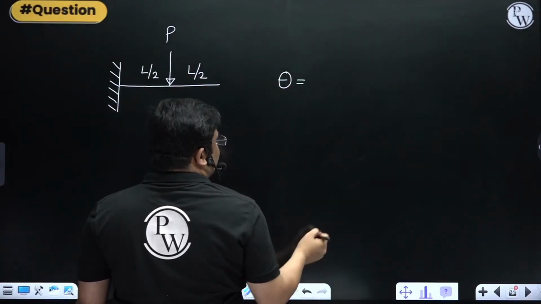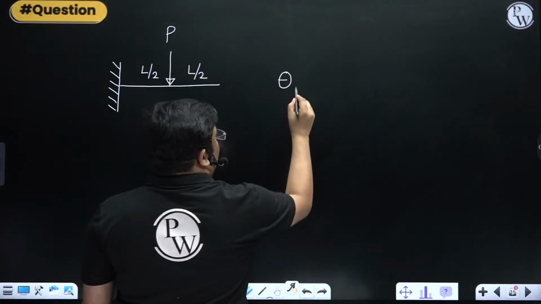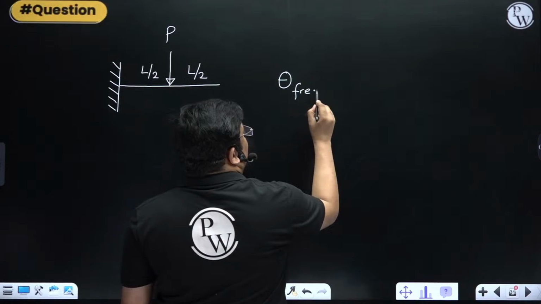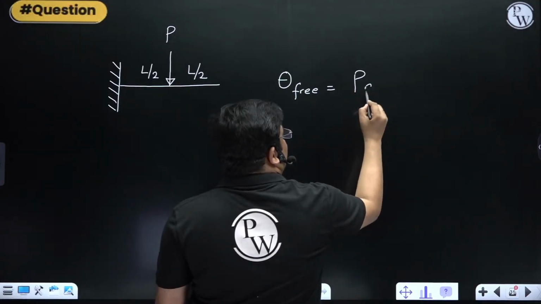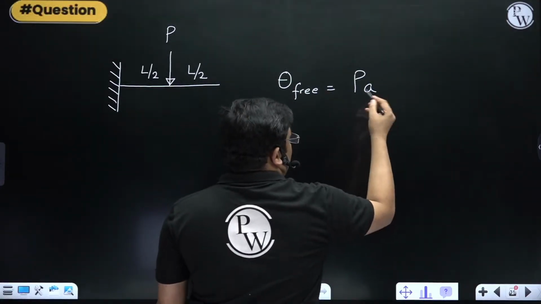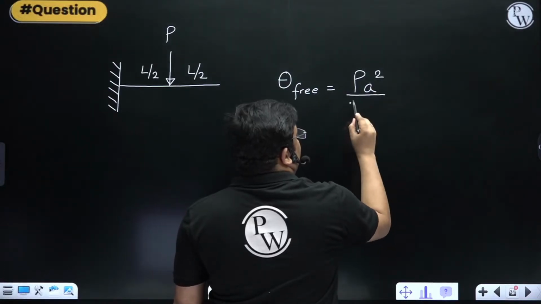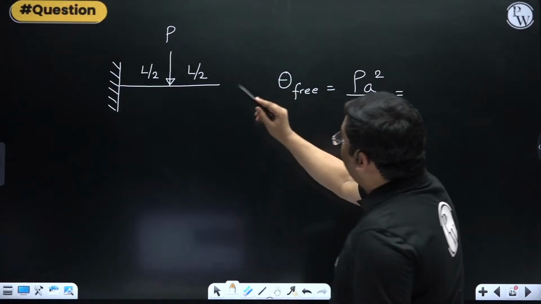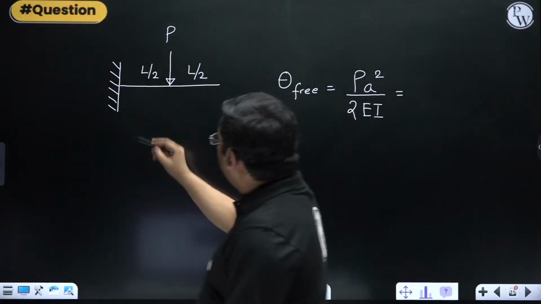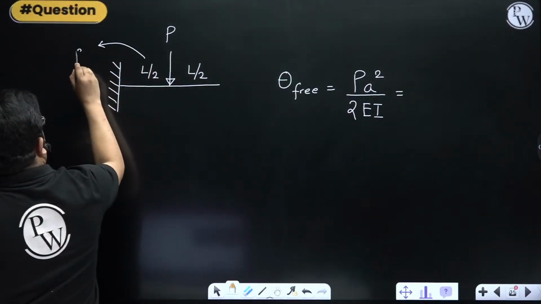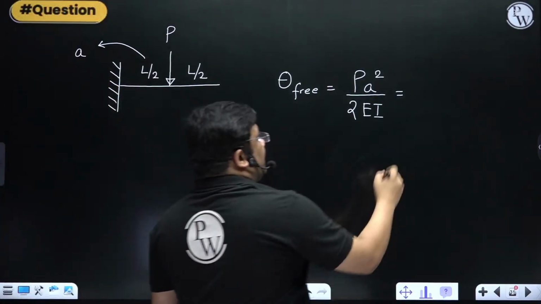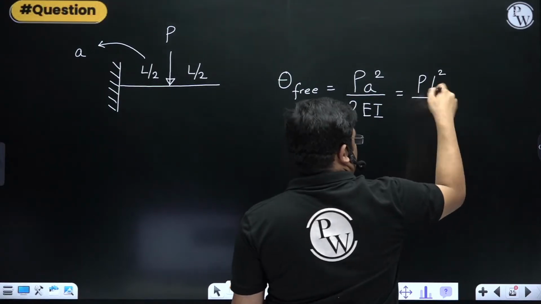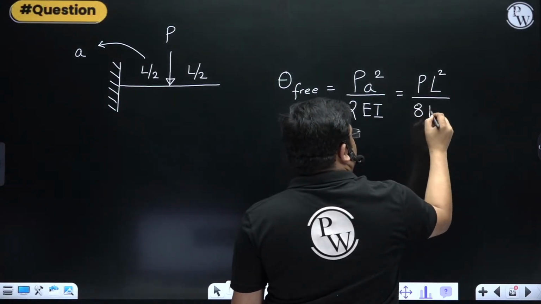The slope at the free end remains whatever we get below the load, PA square by 2EI. A here is L by 2, so it becomes PL square, then L by 2 square means 4, so 8EI.